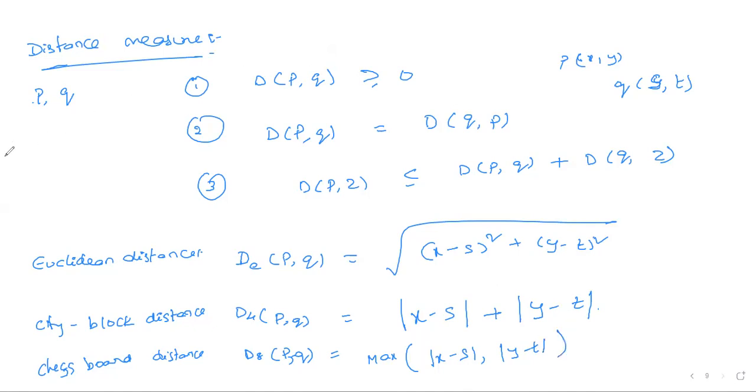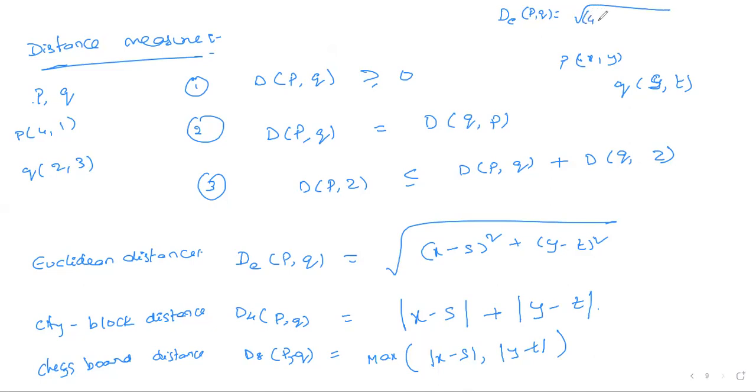Let us see a small example. So P is located at position 4 comma 1. Q is located at 2 comma 3 position. Now calculate these 3 distances. So D of P comma Q is what?